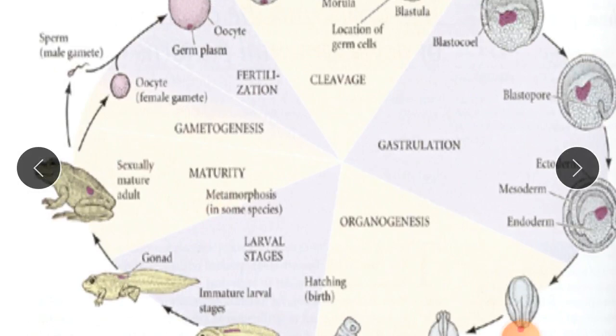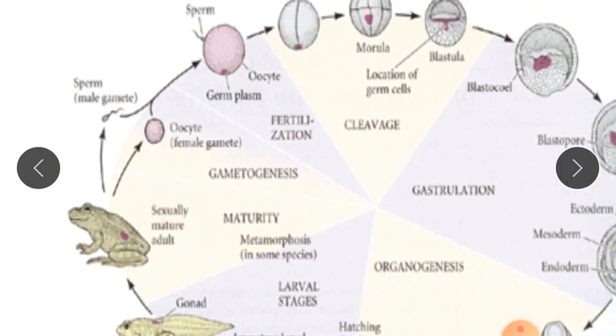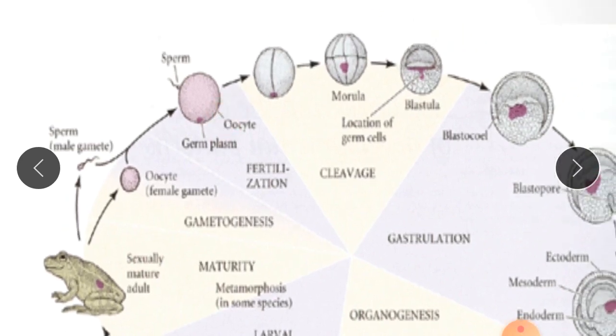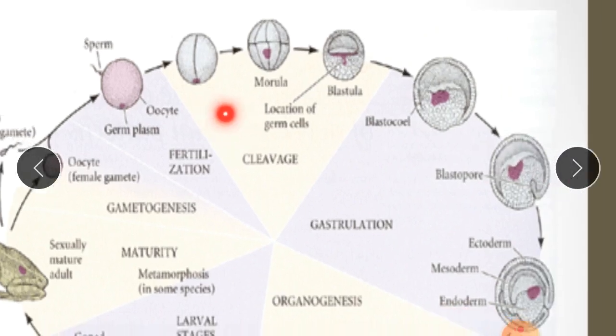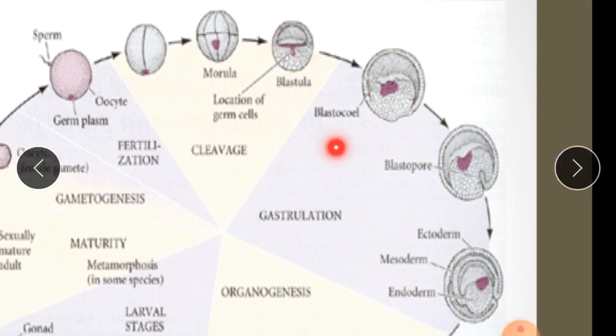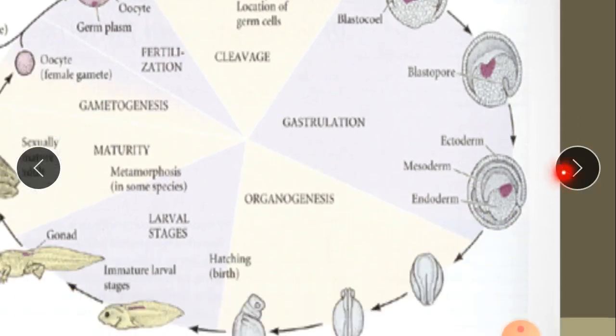See, look here. Female frog lays eggs. Male frog releases sperms. Fusion occurs. Zygote is formed. Zygote undergoes cleavage. Two-cell stage. Morula stage. Blastula stage. Blastocoel. And the blastopore it is. Gastrula stage.